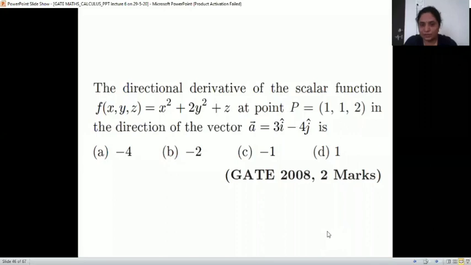In the direction of some vector. If phi is the scalar field, then its directional derivative in the direction of a bar is del phi dot a cap. So you are finding now del f, and that del f at point 1, 1, 2.